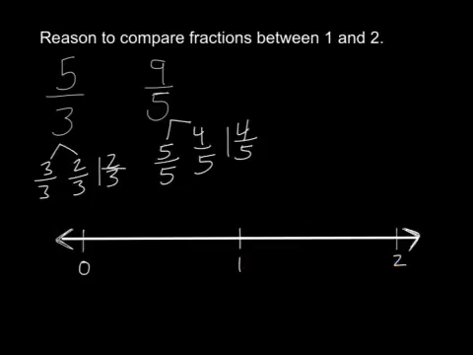To find the fraction 2/3, I'm going to take my number line and break it into 3 equal parts. There's my 2/3. I know that 2/3 is 1/3 away from 2 wholes. And then I'm going to take my fraction 4/5 and put that number on the number line.